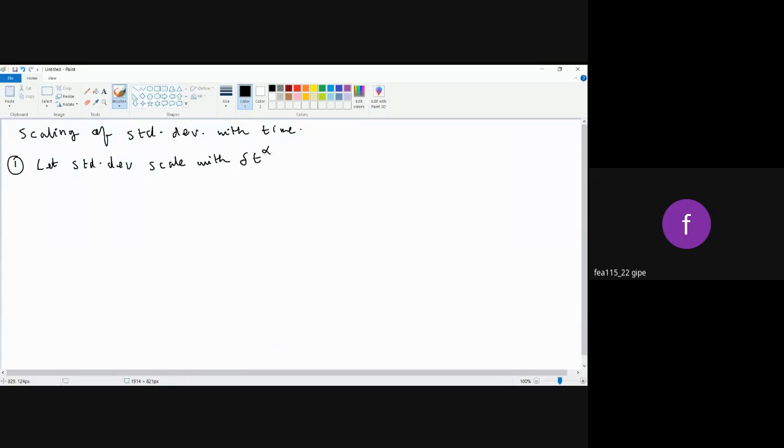Let's not worry about what alpha is at the moment, but I assume that standard deviation is going to scale with this. That is, I can also say variance scales with it, and it will be just the square of this. So this will be delta t raised to 2 alpha.